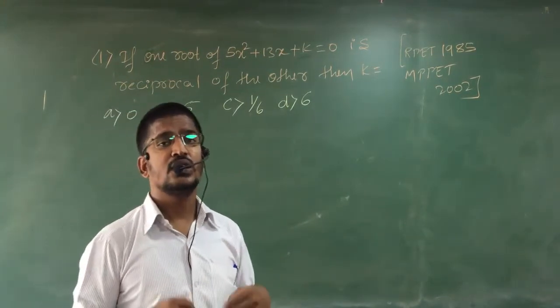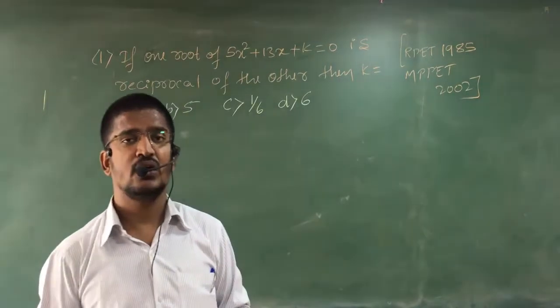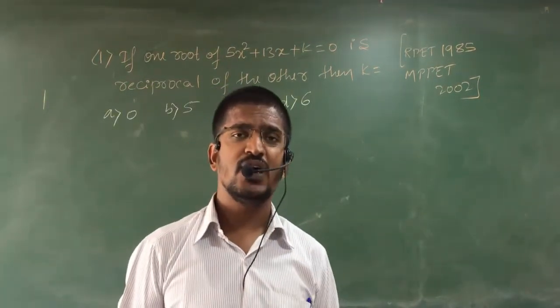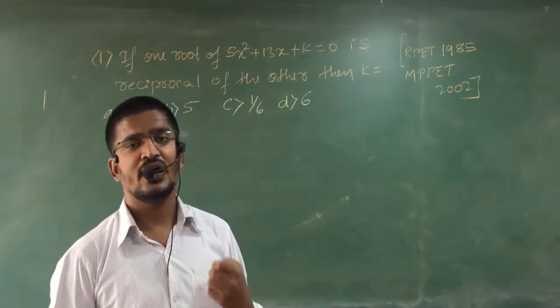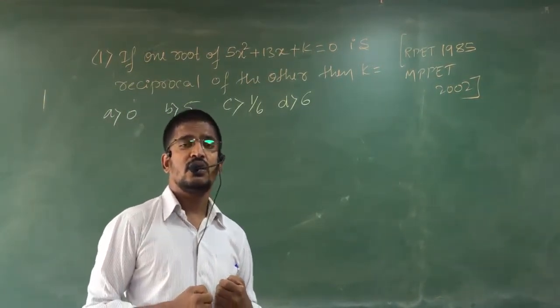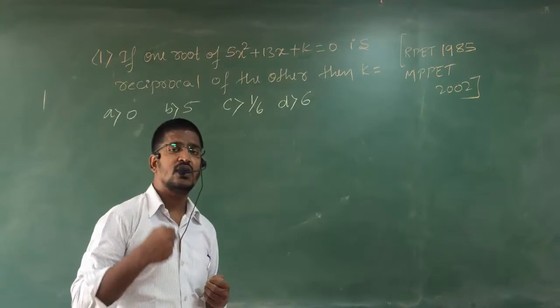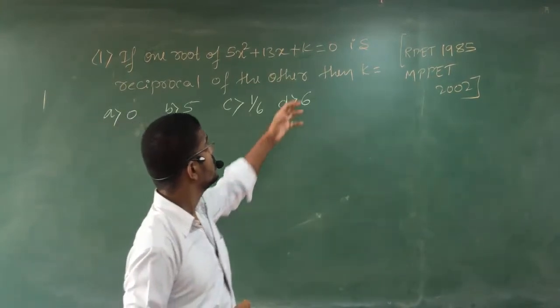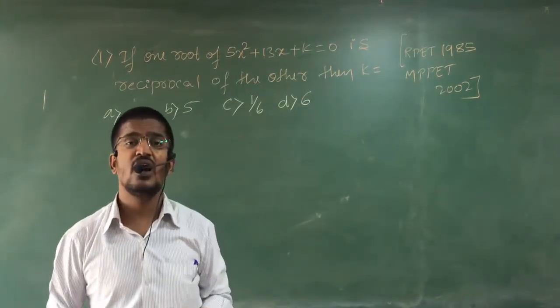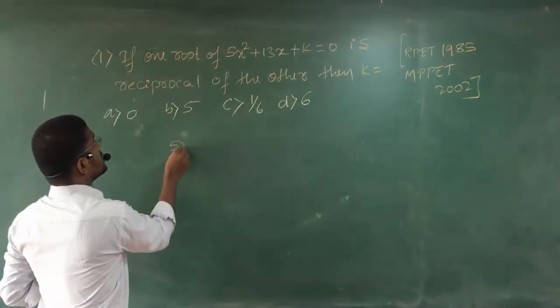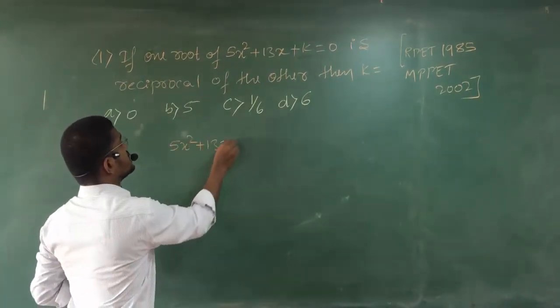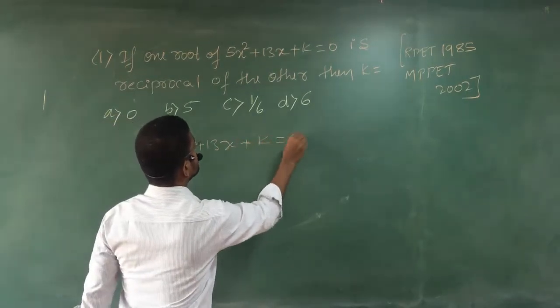That means the roots are already given here. What are the roots? If alpha is a root, the other one will be 1 by alpha according to the problem. If alpha is one root, the other will be 1 by alpha, then what is the value of k they are asking. So for that reason, 5x square plus 13x plus k equal to 0.